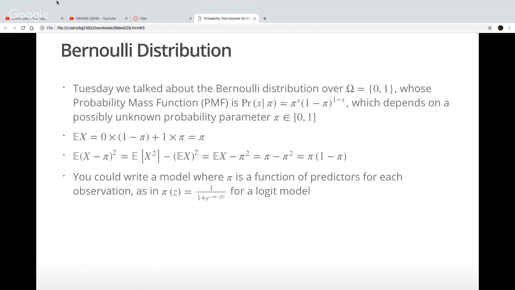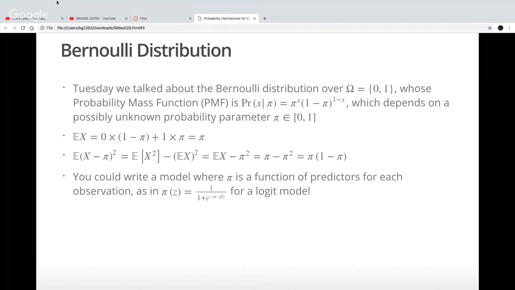The PMF for the Bernoulli distribution is given by pi raised to the power of x multiplied by 1 minus pi raised to the power 1 minus x, where x can only take 2 values, 0 and 1. If we raise pi to the power 0, that's just going to be 1. So one of these 2 terms gets raised to the power 1, the other term gets raised to the power 0. And so the probability of x given pi is either pi if x is 1, or 1 minus pi if x is 0, 1 minus pi being the probability of failure, where 0 represents failure and 1 represents success.